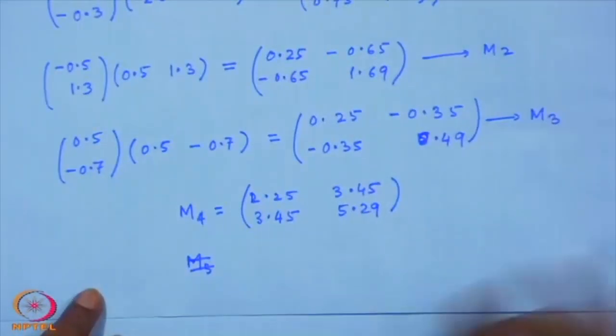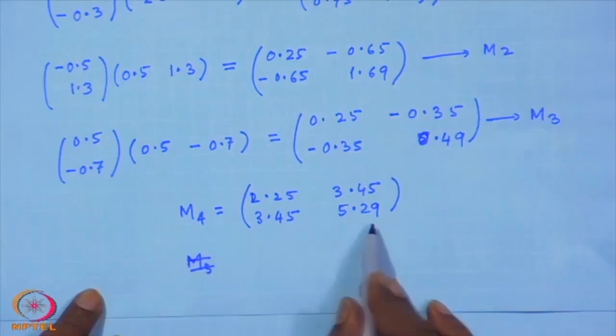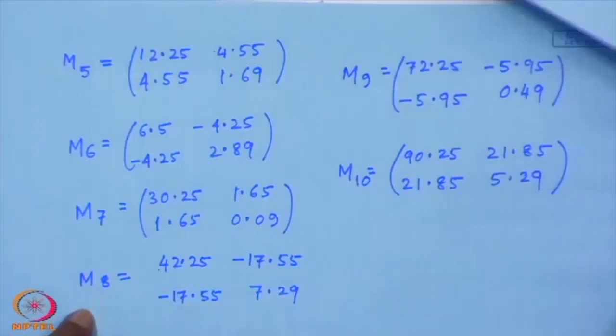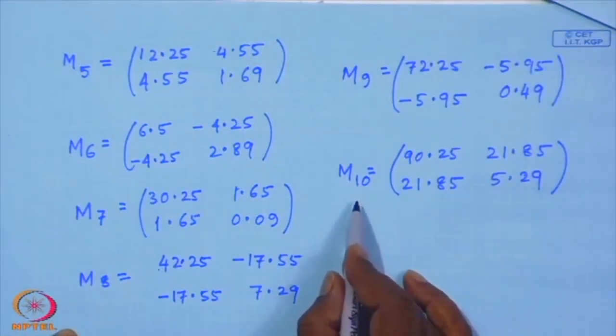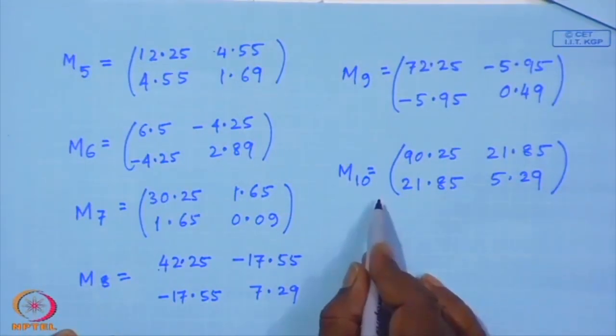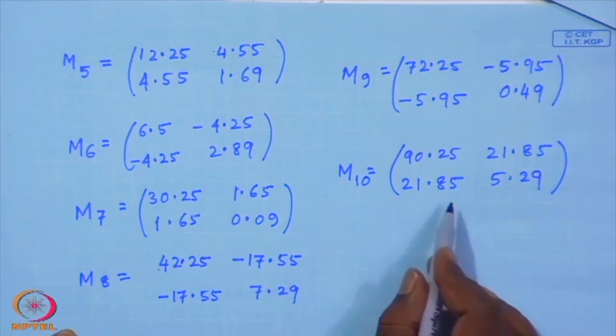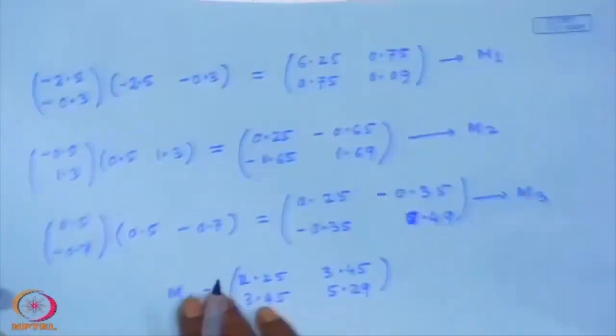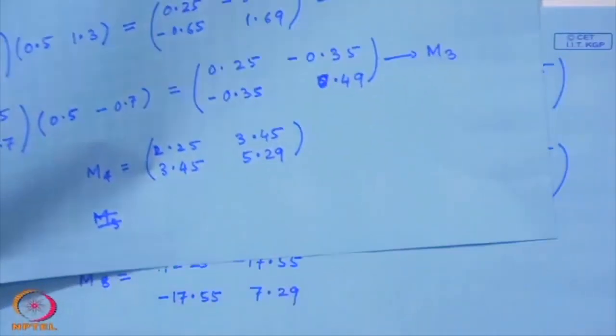The fourth one, x4 minus mu into x4 minus mu transpose, gives this, and continuing this way up to the 10th one, x10 minus mu into x10 minus mu transpose, gives me this. So, I have a total of 10 matrices.